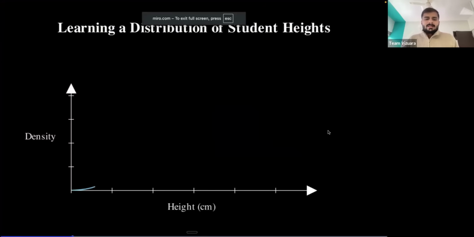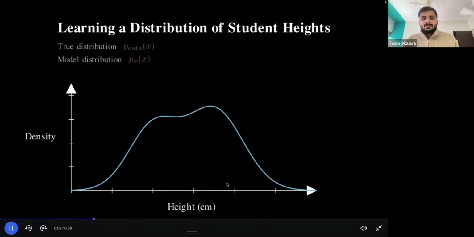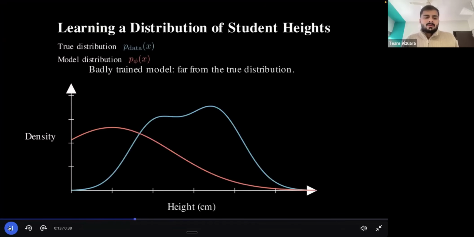Okay, so on the x-axis you have the height and on the y-axis you have the density. This is the same example which I discussed. The blue is the true distribution which we want to predict. And initially our model starts off somewhere on the left, which is a very badly trained model. Maybe it's the initial starting point.